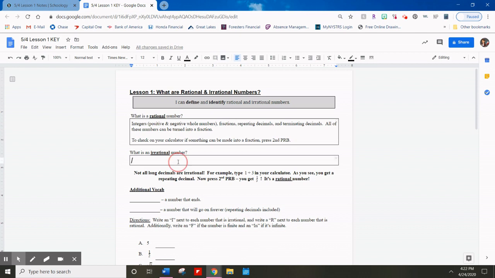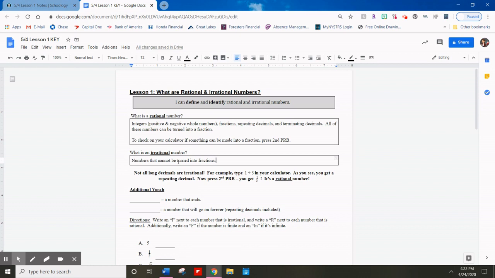So an irrational number, in the simplest terms, is a number that cannot be turned into a fraction. Just keep that in mind: when you press second PRB, it's not going to work.